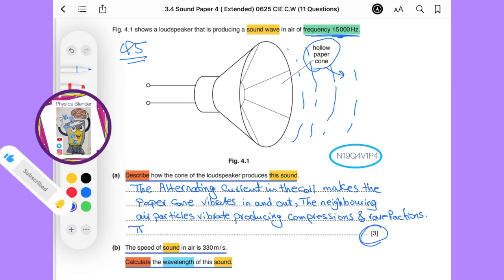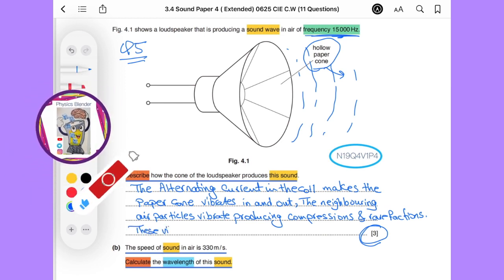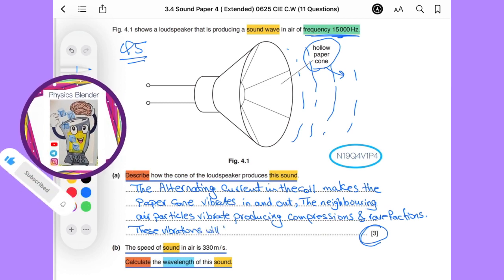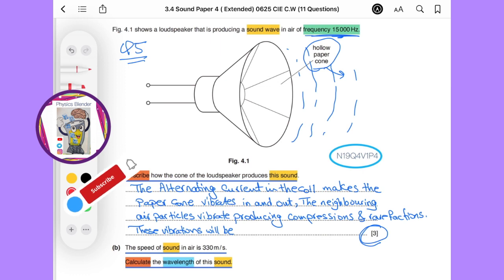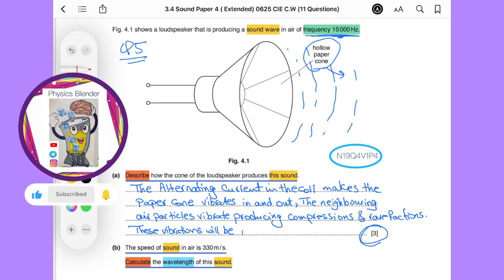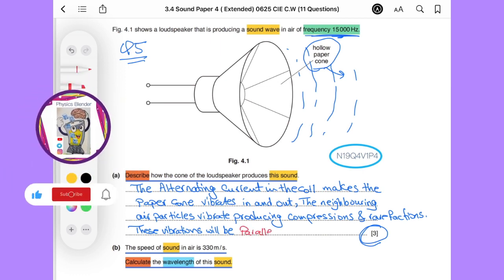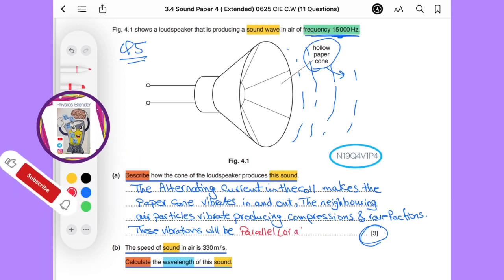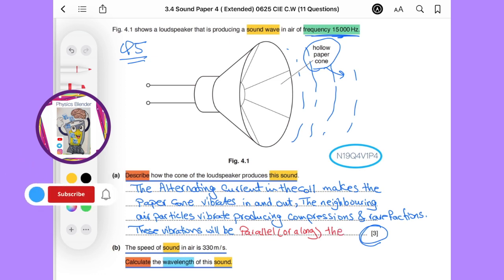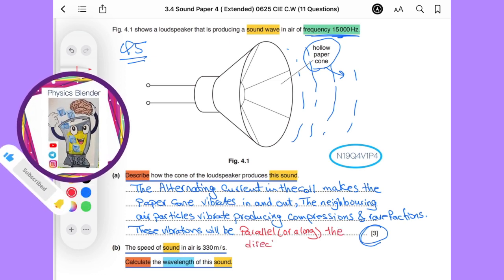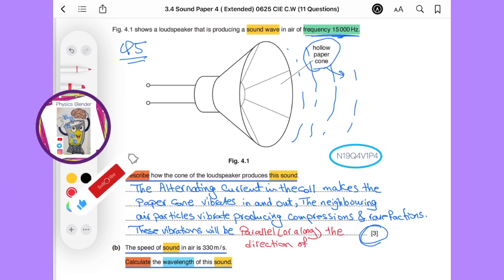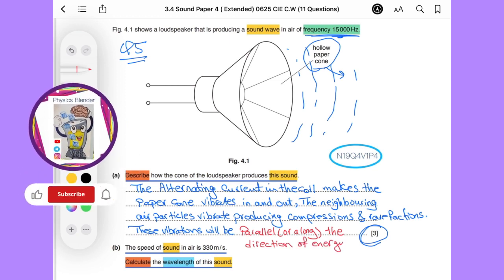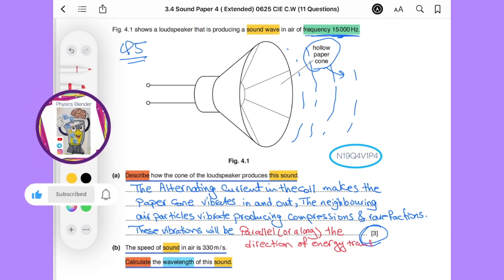Okay, these vibrations will be parallel or along the direction of energy transfer or direction of wave travel.